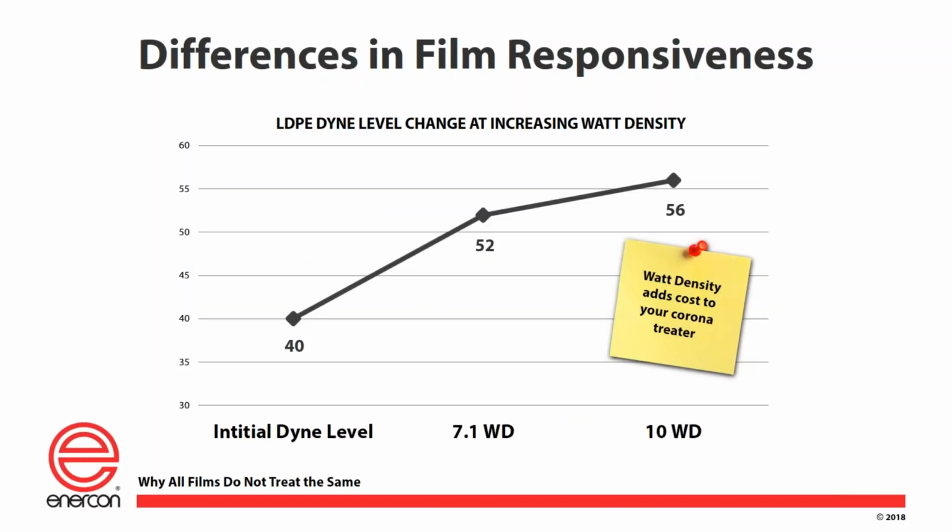So again, watt density and cost. This is really important and interesting. I'm going to cite an example as close as I can to an actual conversation I've had with folks over the years, and some of you can relate to this. So the conversation goes like this. I need a corona treater, and here's the application.